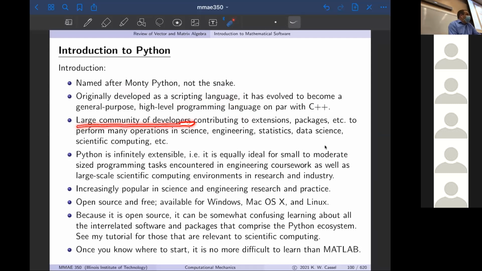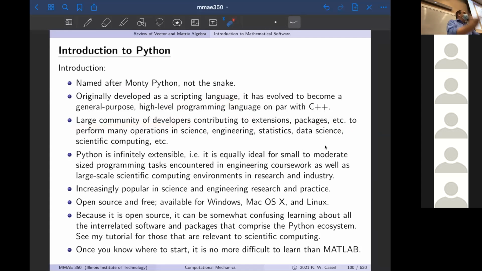Some business person, and whatever the engineers and computer scientists can convince them of. In Python, there are people all over the world developing tools for free, just out of the goodness of their heart. It's the amazing thing about open source software. So there are all kinds of extensions, packages, and libraries, and there are new ones every day.